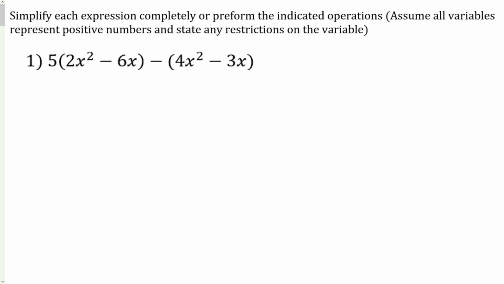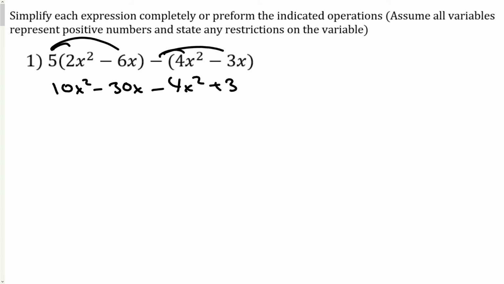Here we are going to simplify by getting rid of the parentheses, and we're just going to distribute the 5. So we're going to start with 10x squared minus 30x. We are going to distribute this negative sign, minus 4x squared plus 3x. Like terms can go together.